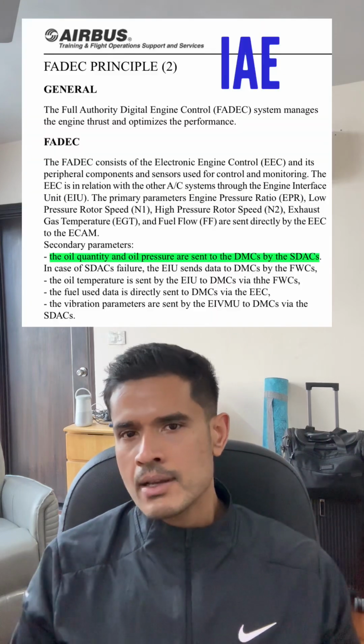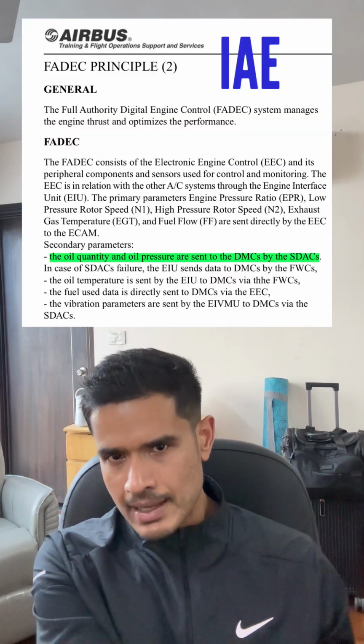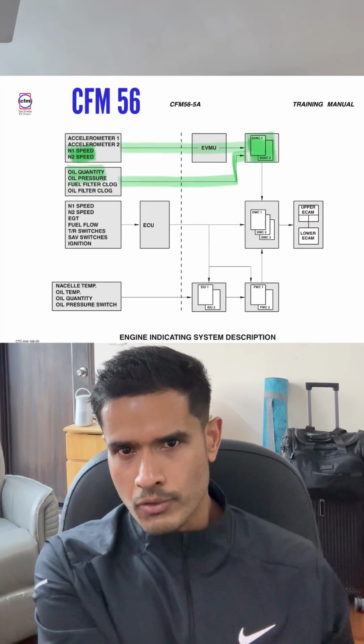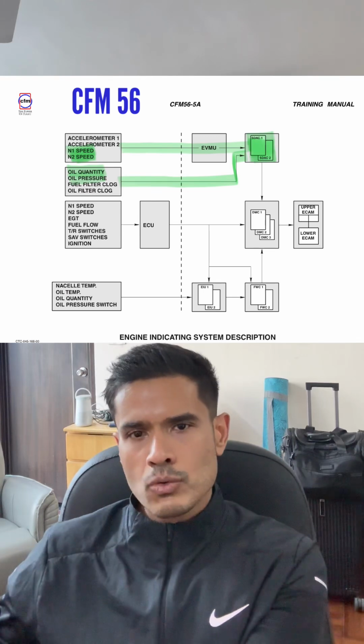But what happens on the CFM56s and the IAEs is that certain engine parameters come straight from the sensors, engine oil quantity being one of them. They come straight from the engine oil quantity sensor, for example, to our displays, sort of bypassing the FADEC. And this is why on those aircraft, you can always see certain parameters before powering up the FADEC itself.